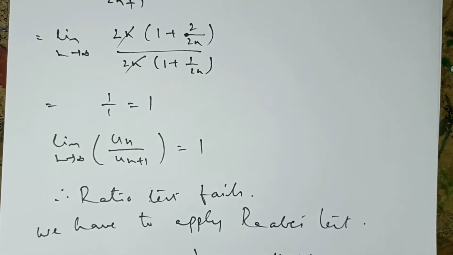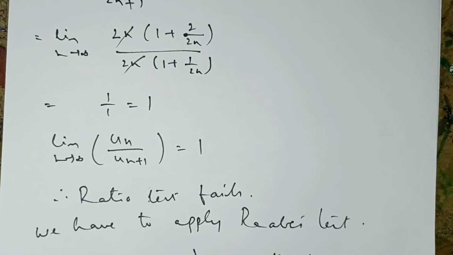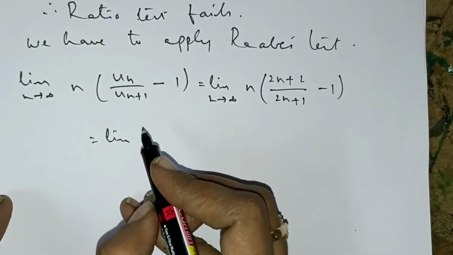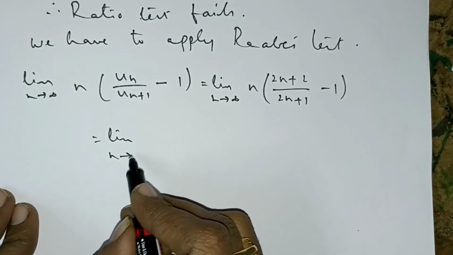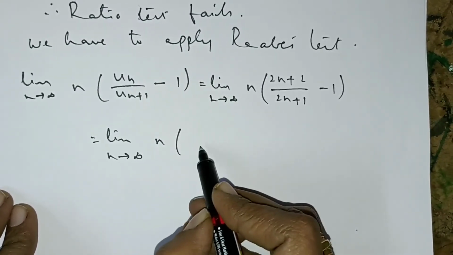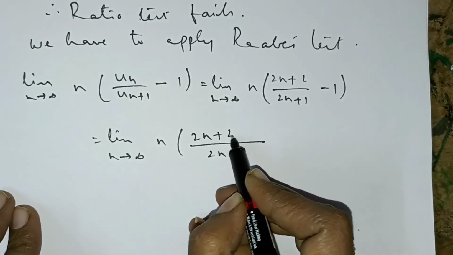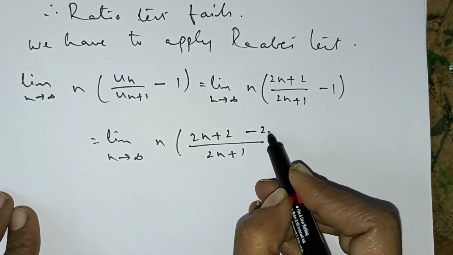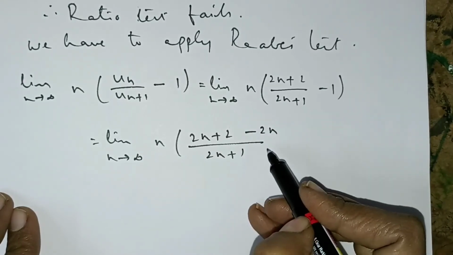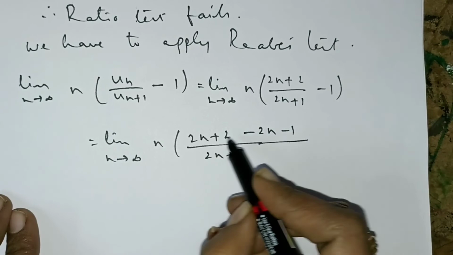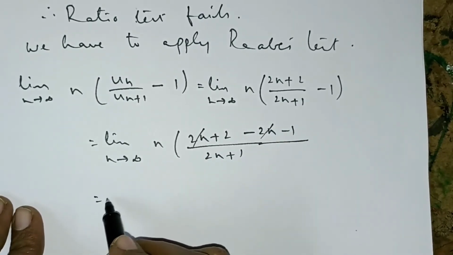That is equal to limit n tends to infinity of n into (2n plus 2 by 2n plus 1 minus 1). Taking the LCM 2n plus 1: 2n plus 2 minus 2n minus 1, where 2n and minus 2n get cancelled.